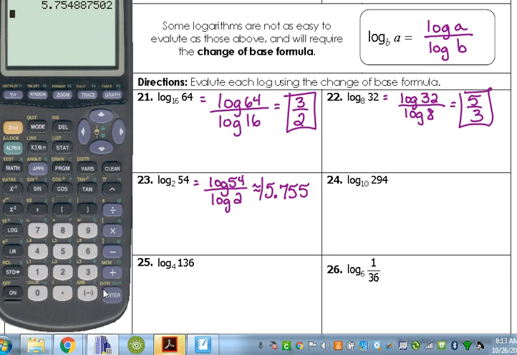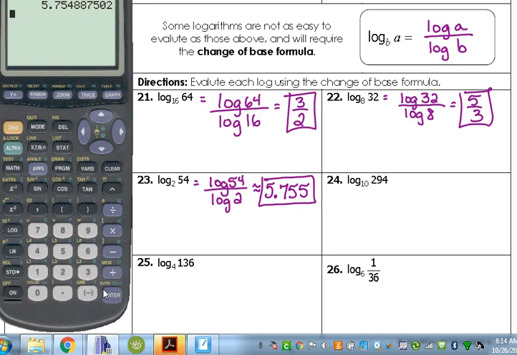The more you write it, the more likely you are to remember it. This one cannot be turned into a fraction, so we just have to approximate it. That's why my equal sign looks squiggly. That means approximately 5.755. I like to round to 3 numbers after the decimal.